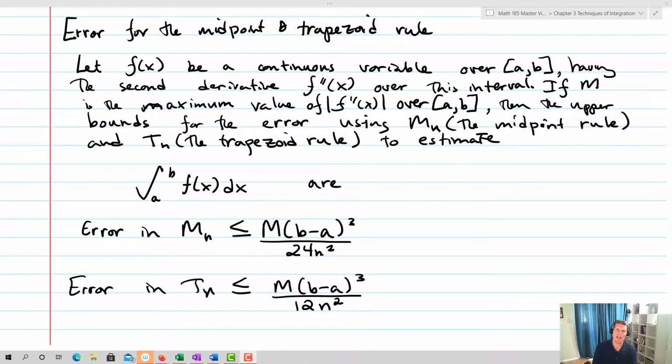We're going to let f of x be a continuous function over a to b, that's our interval, having the second derivative f double prime of x over the interval. We'll calculate f double prime of x, and when I show you the example, you'll see.